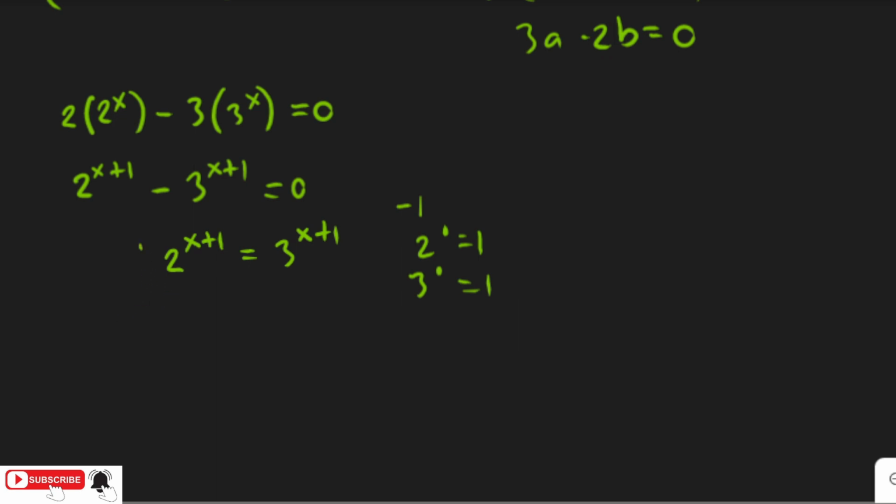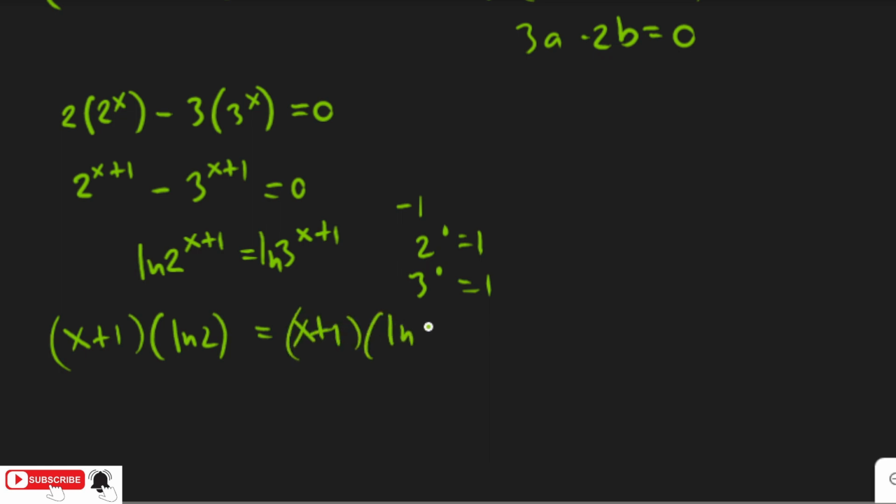So we can apply ln, natural logarithm, to both sides, and from the ln rule, we can have (x plus 1) ln of 2 is equal to (x plus 1) ln of 3.